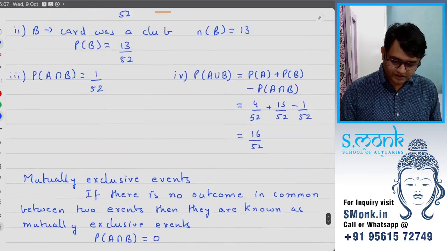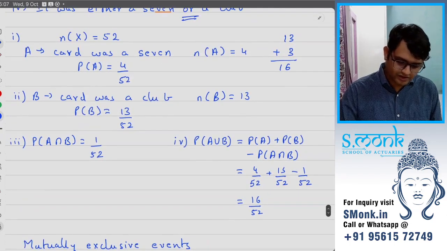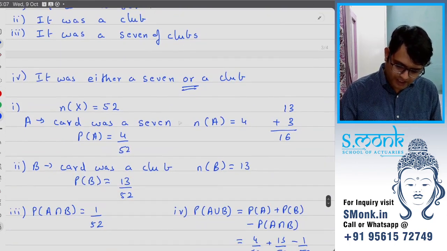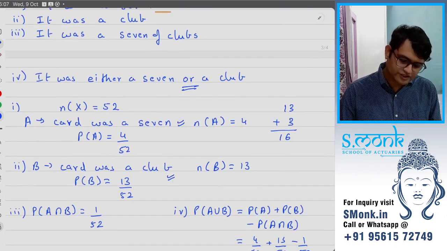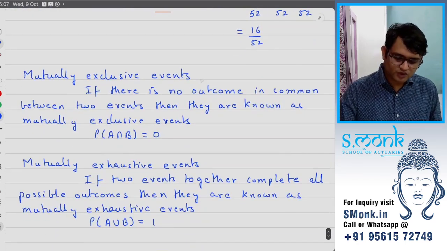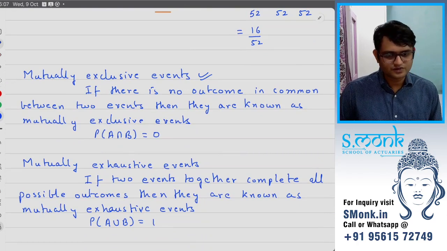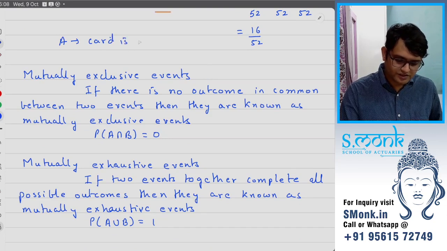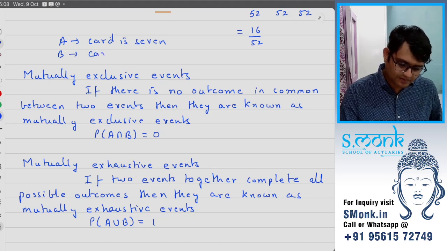Here if I take this example of A and B, A is the card is a 7, B is the card is a club. So can you tell me, are they mutually exclusive?